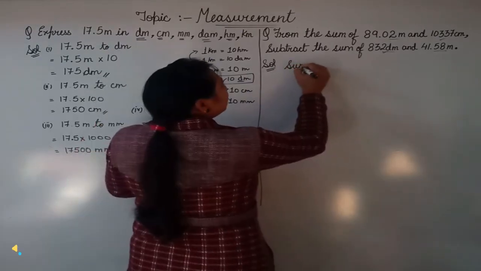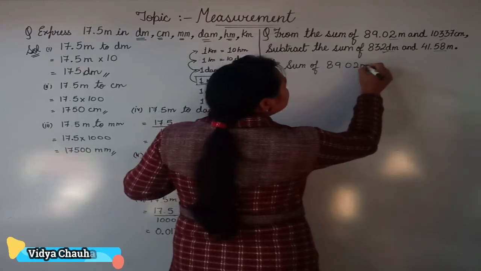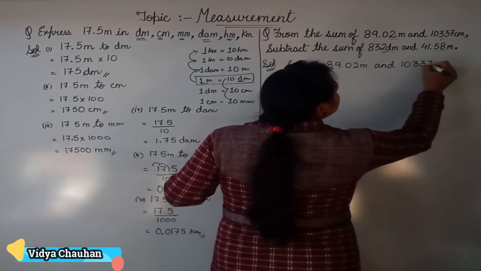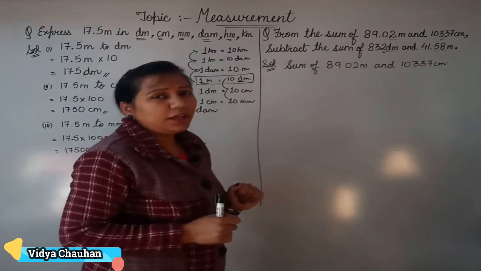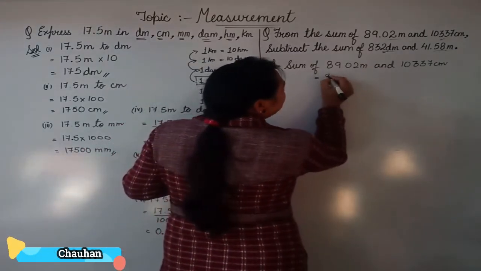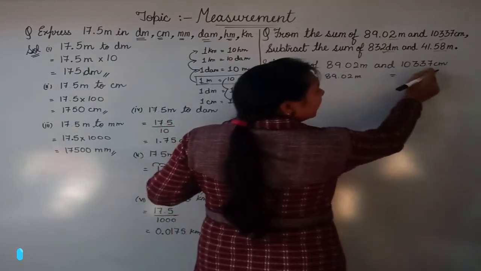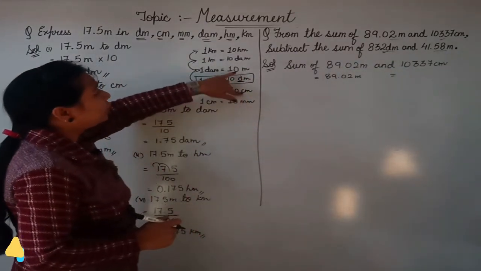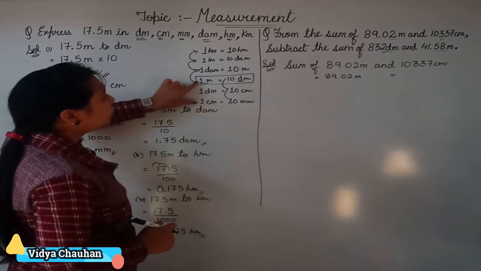So very first we have to do the sum of 89.02 meter and 10,337 centimeter. I would like to convert all the values into meters. So this value will be the same, 89.02 meter. To convert the second value, centimeters to meter, there are two steps.